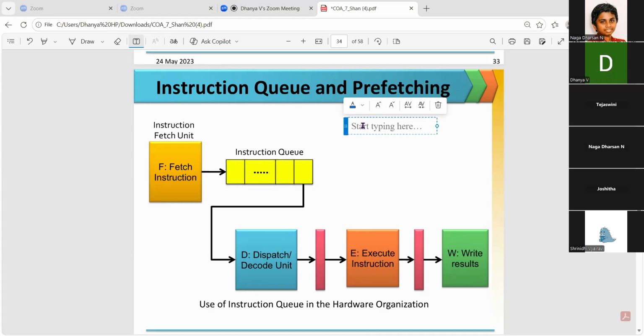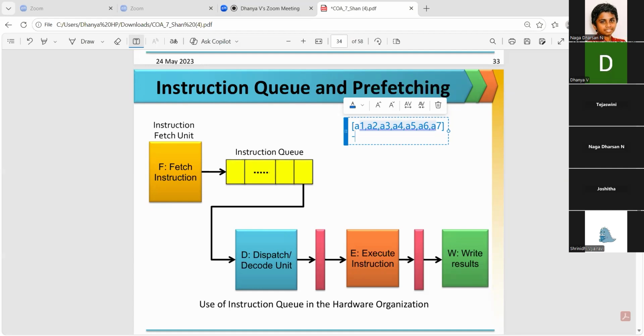Let's say in your cache you have data A1, A2, A3, A4, A5, just some numbers. So let's say you have all of this in your cache.